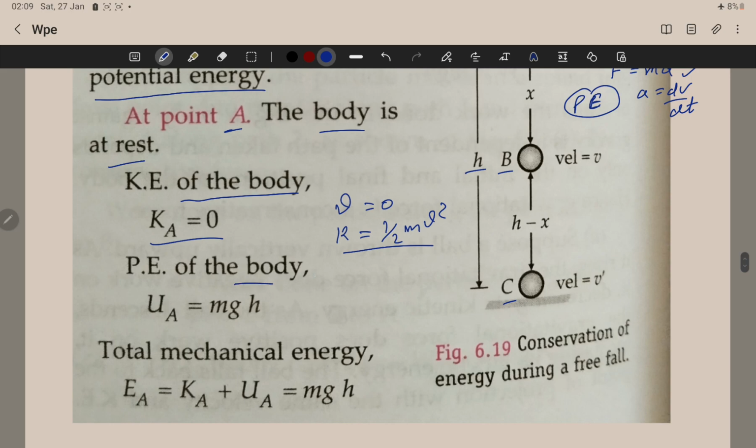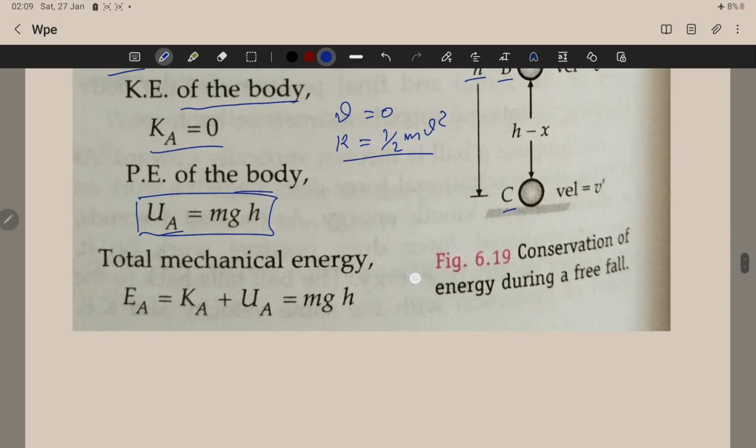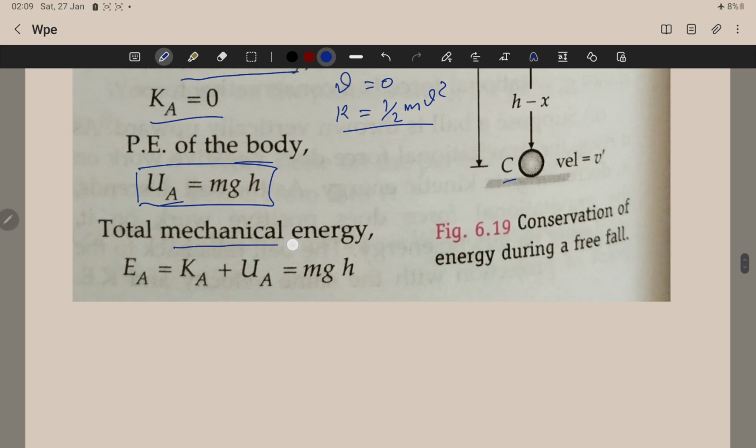Now what is the potential energy of the body? Because of the height, the potential energy at A is mgh. Now let's apply total mechanical energy. Total mechanical energy at A is the sum of kinetic and potential: kinetic is zero, potential is mgh, so the sum becomes mgh.